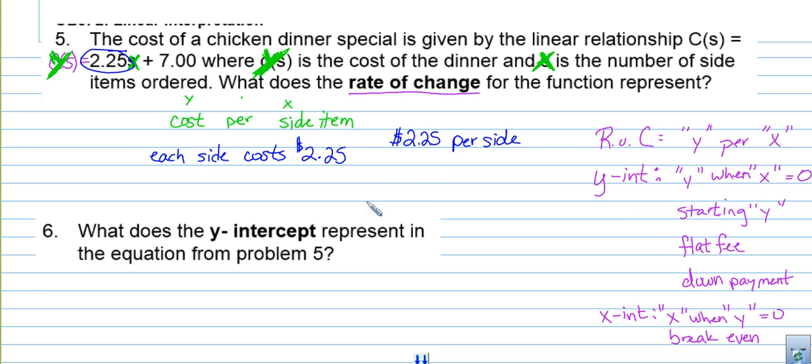Okay? You can say it costs $2.25 per side. Cost per side. Some variation of that where you're talking about the cost per side.